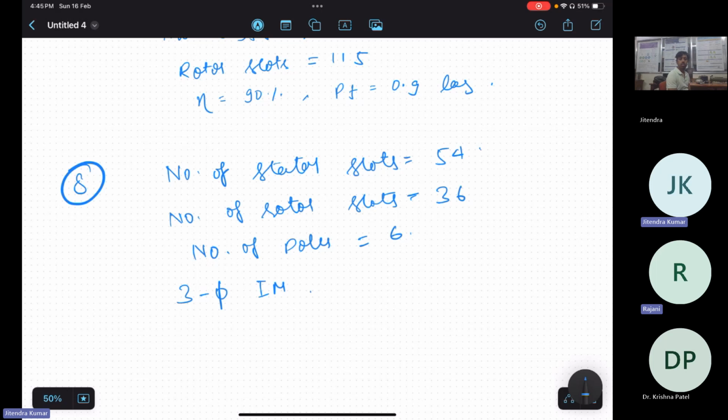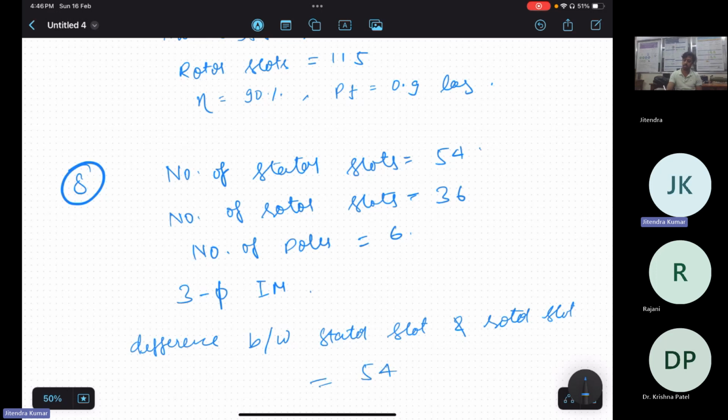So the condition is the difference between stator slots and rotor slots, which is 54 minus 36, equal to 18, right?